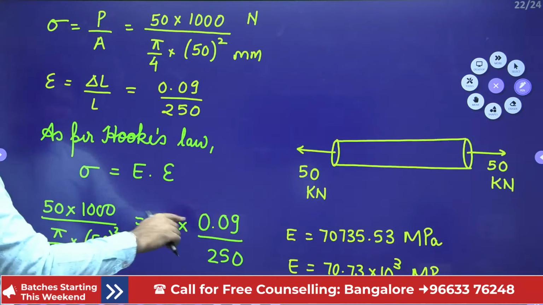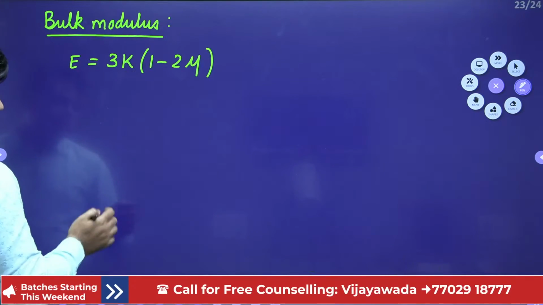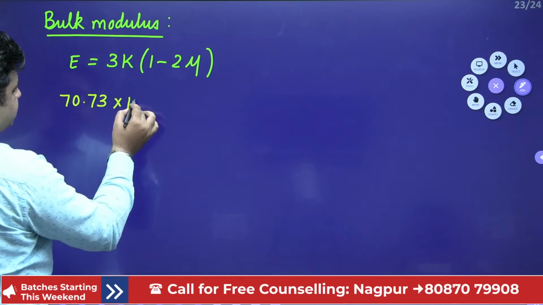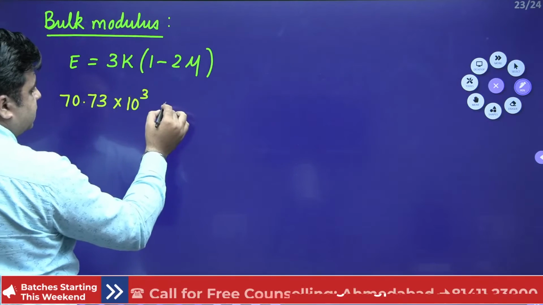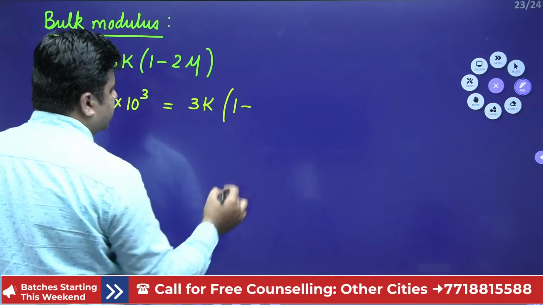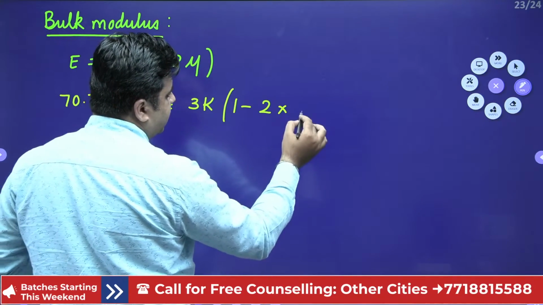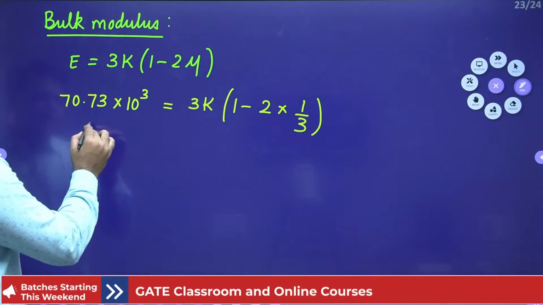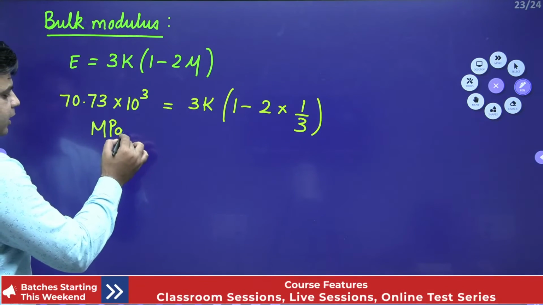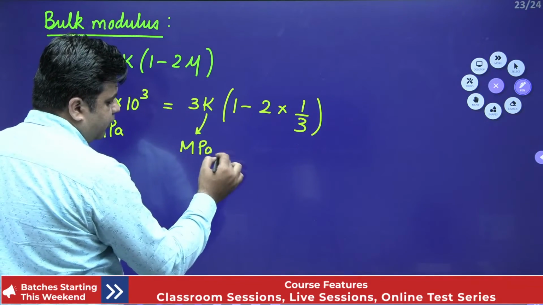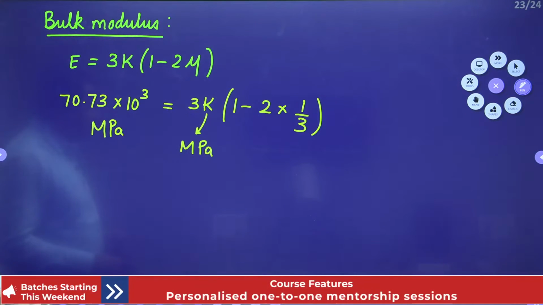E is 70.73 into 10 raised to power 3 megapascal, which is equal to 3K into 1 minus 2 into 1 by 3, because the value of mu is 1 by 3. If E is in megapascal, obviously K will also be in megapascal because Poisson's ratio does not have any unit. Just do the calculation and tell me the value for this also.